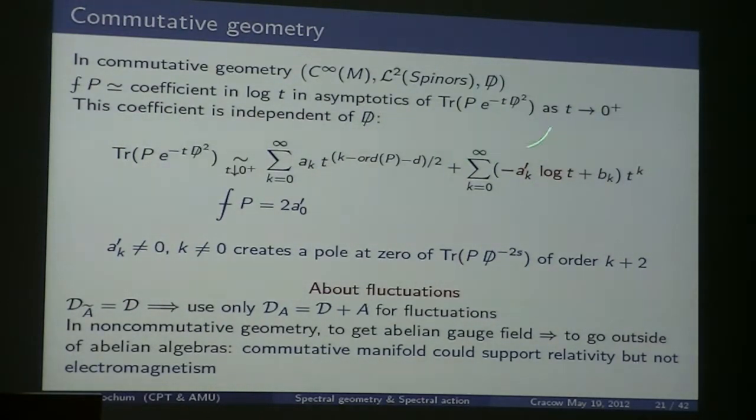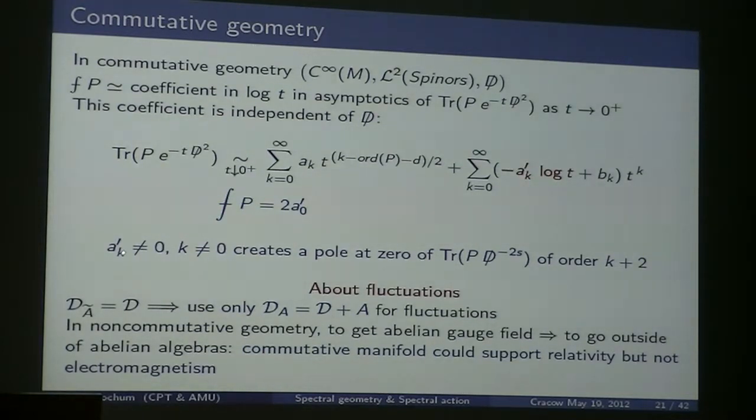If you compute this, you can prove in this case that it has an asymptotic behavior when t goes to 0 of this form. You have coefficients, and t to the power k, where k is a summation index. Here you have the order of your operator, d is the dimension, plus something which has a coefficient in log t. When k is equal to 0, a prime 0 is the coefficient of the log, and precisely this is the result.